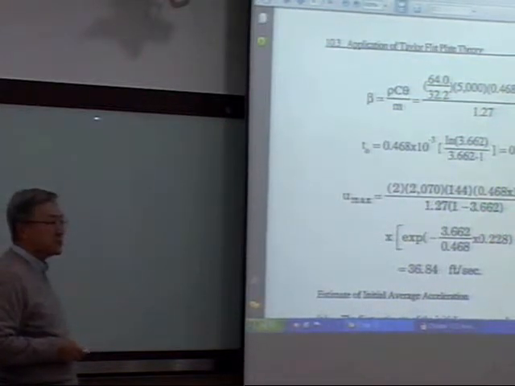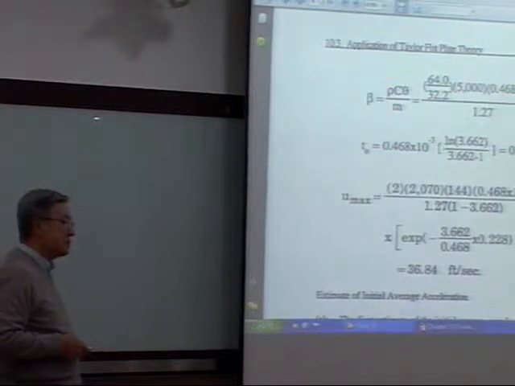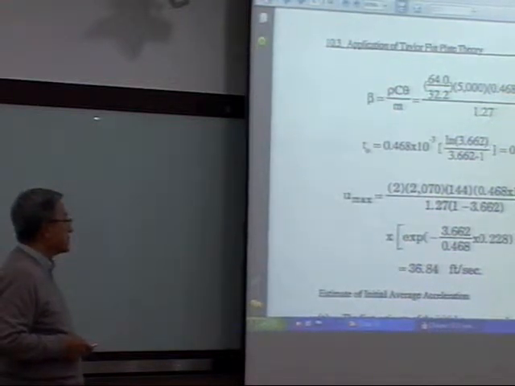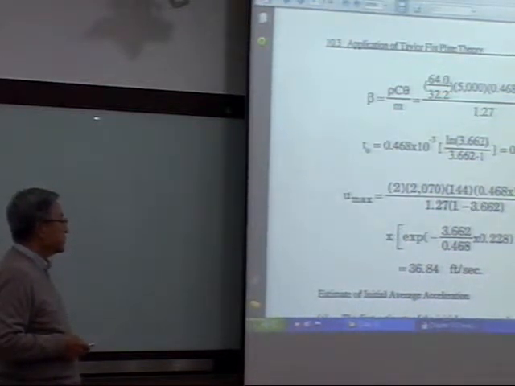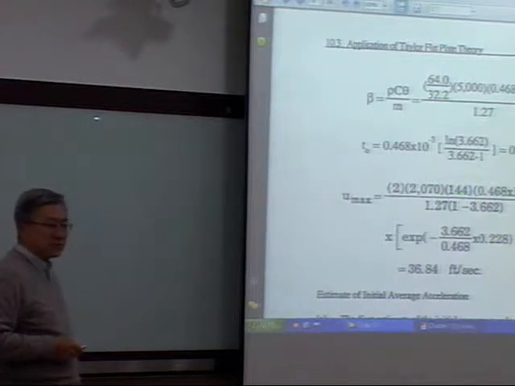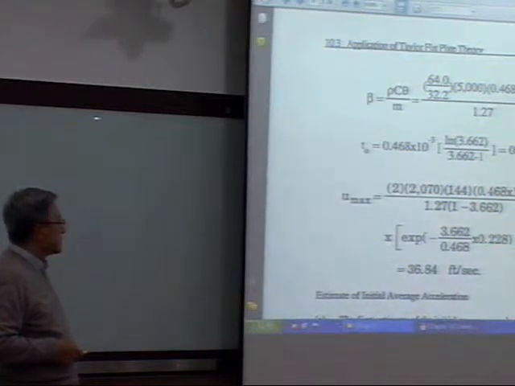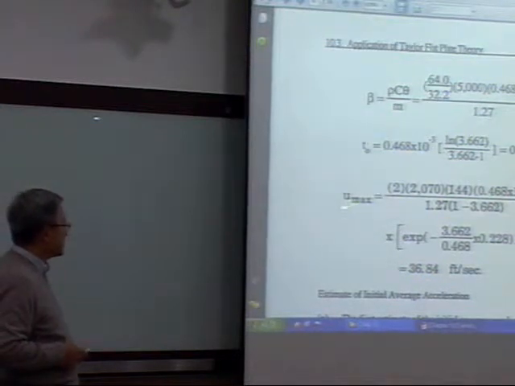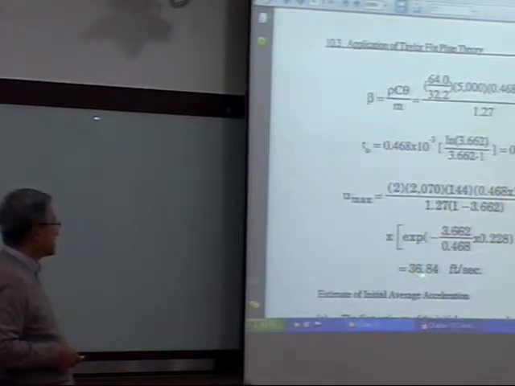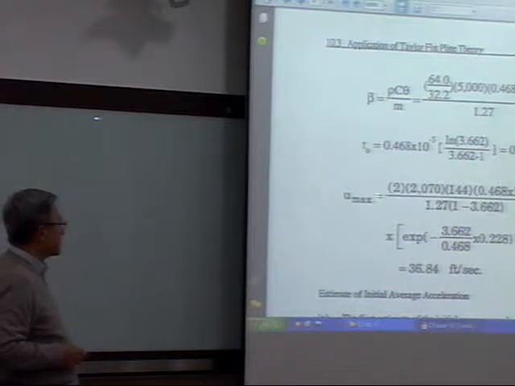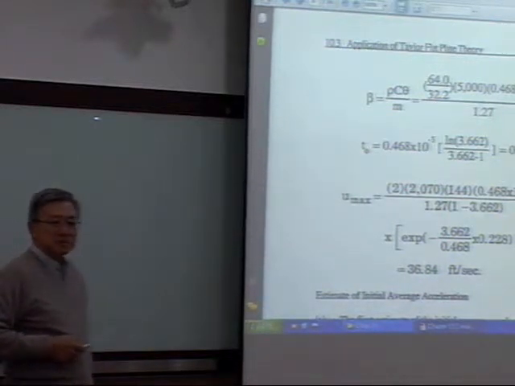I want you to go through the exercise at home. Multiplied by 10 to the minus third. Why 144? 12 squared. Compute all this, and you have the U max as 36.84. What's the U max?